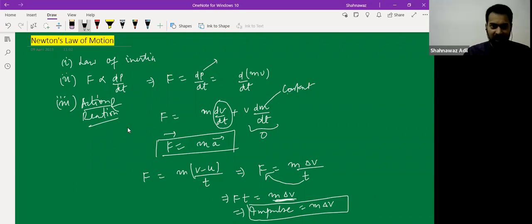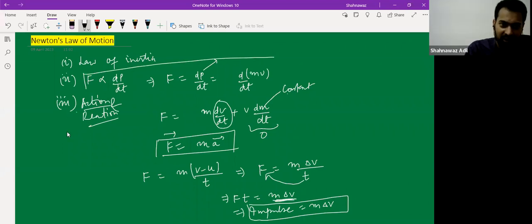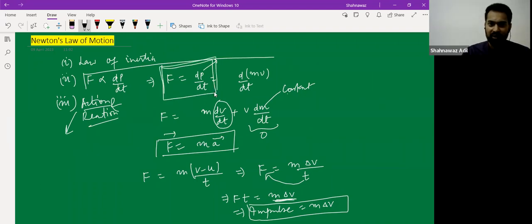So this is Newton's laws of motion. The most important law is the second one. The third is also important, but for numerical purposes the second one is more important, so we will do some calculation based on this part.